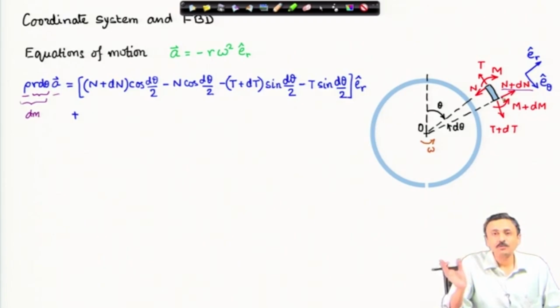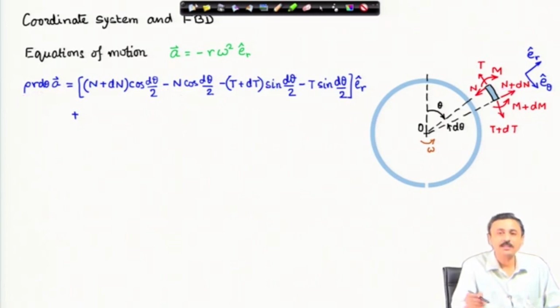Therefore, this shear force will have a component in the E r cap direction, and cosine d theta by 2 will measure that component. Therefore, N plus dN times cosine d theta by 2 is the component of N plus dN in the E r cap direction. Similarly, on the theta face where the shear force is N, we have it in the direction of negative E r. Therefore, this negative sign comes, and we have again cosine d theta by 2 as the component.